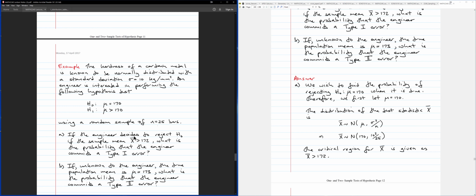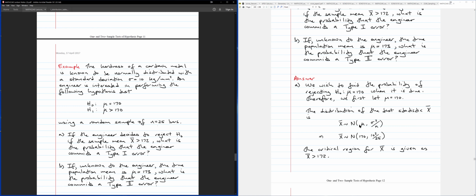We're using mu equal to 170 because it's true, and your rejection region is phrased in terms of the big X bar. In order to calculate our probabilities, we need the distribution of the X bar. Your population is normally distributed, which means the X bar is normally distributed.